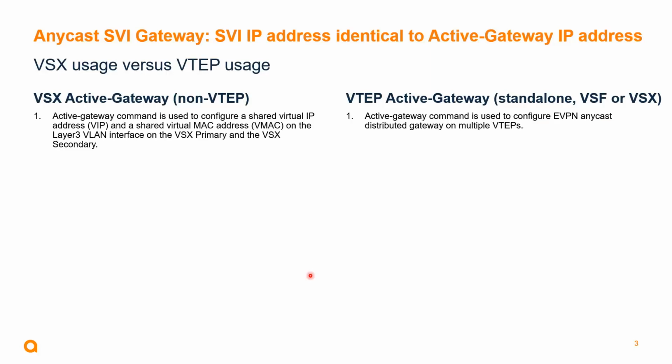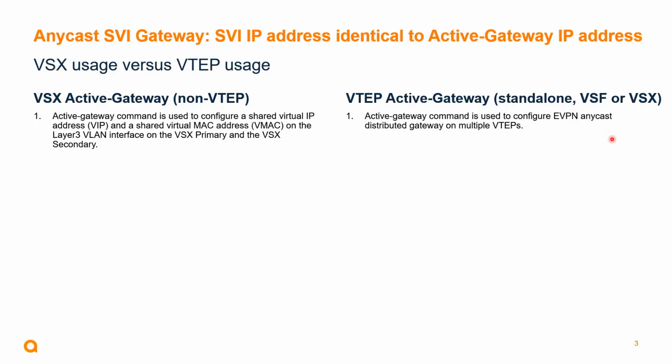So let's compare point by point. The Active Gateway command on the left side is used to configure the virtual IP address of the VSX cluster for a given SVI using a shared virtual MAC address on that layer 3 VLAN interface. That's the legacy usage, the reason why we introduced Active Gateway.